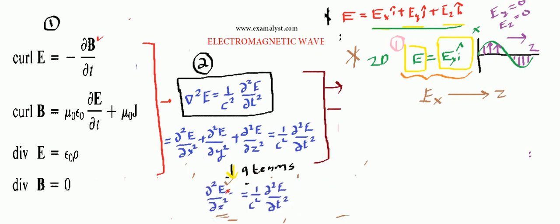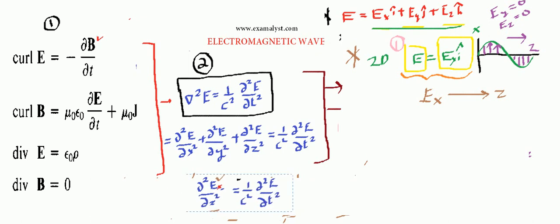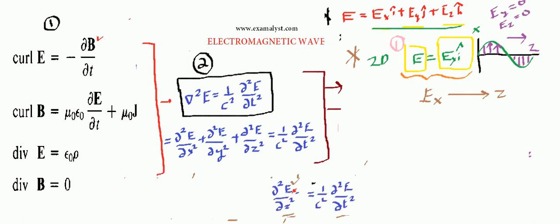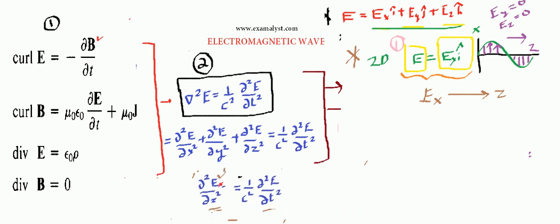We have only one term remaining. So my choice of having an electric field oscillating along the x-axis and propagating along the z-axis leaves me with a very simplified wave equation.